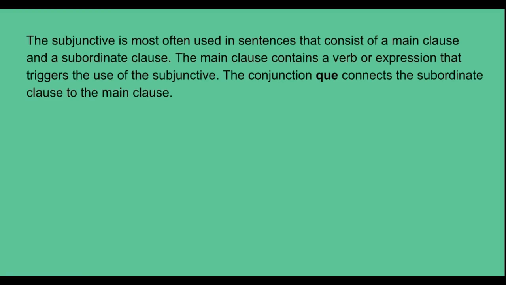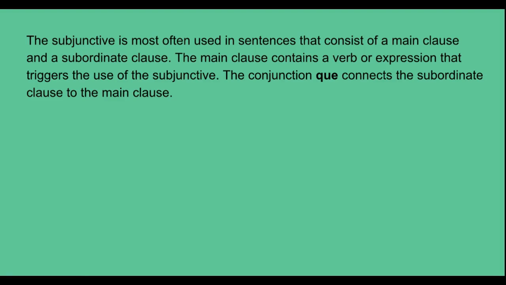When you are using the subjunctive, you're going to use two separate clauses. You're going to use a main clause and a subordinate clause. Now, you may or may not have learned about these in your English class, but basically what you'll need to know is that in the main clause, you're going to have a verb or an expression, and when we're using the present subjunctive, these are going to be in the present tense.